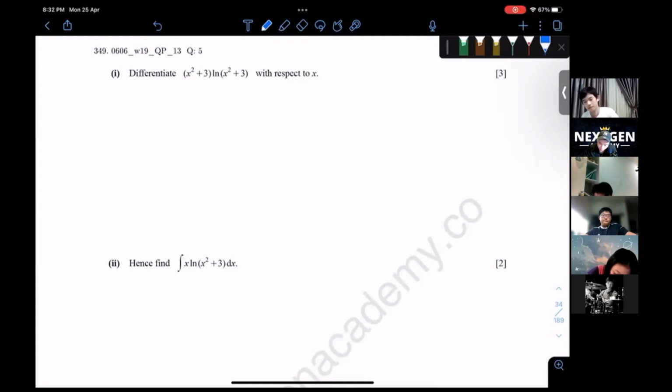Differentiate x squared plus 3, then ln times ln x squared plus 3, with respect to x. What rule do we use here? How to differentiate this?